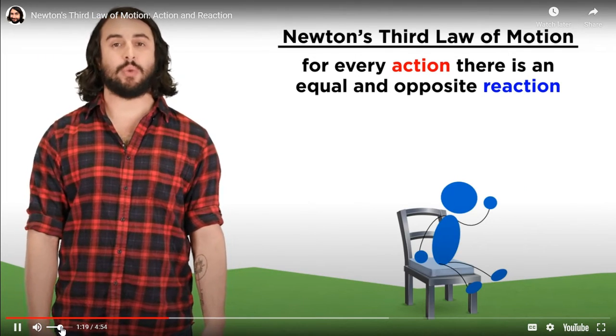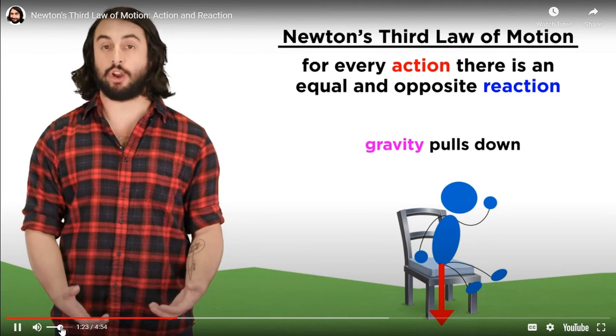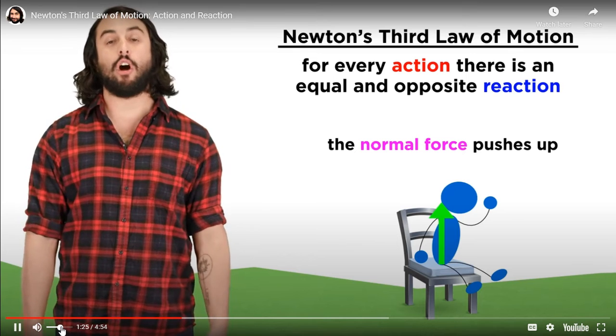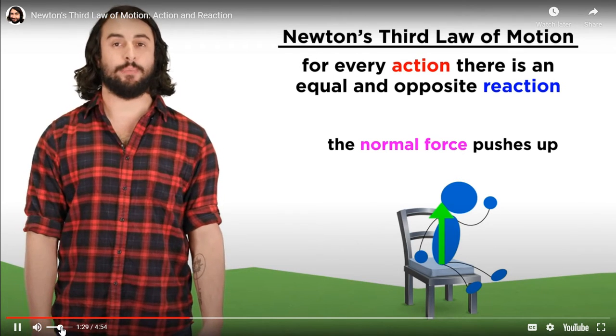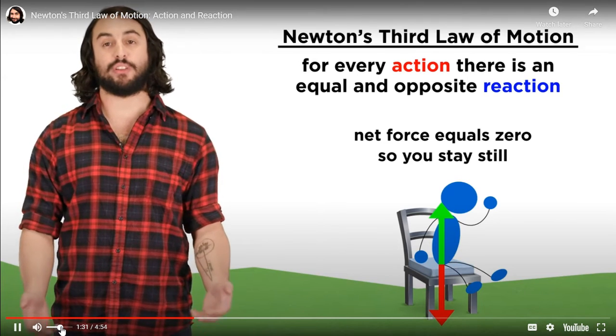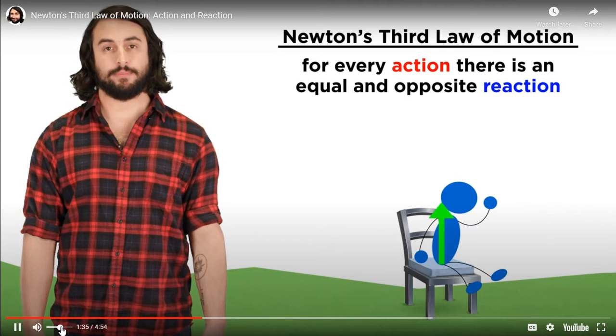As you sit in your chair right now, the force of gravity is pulling you down towards the center of the earth. But something called the normal force points straight up with the same magnitude, which is why you remain perfectly still. We will learn more about this force later.